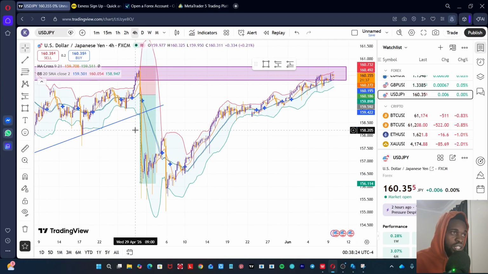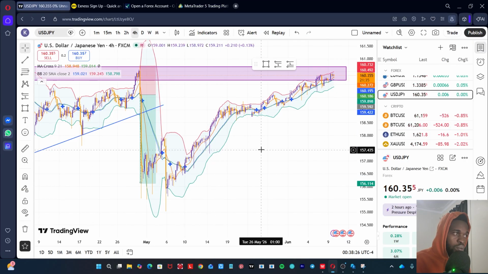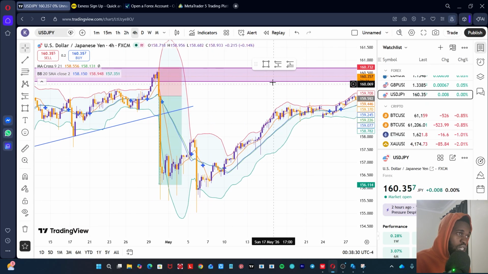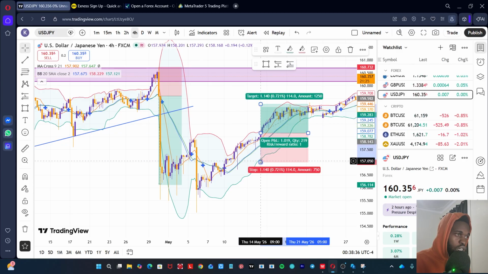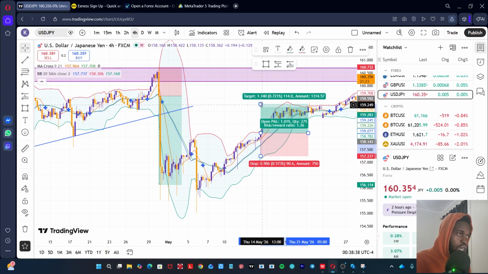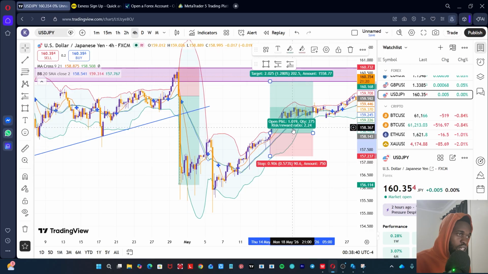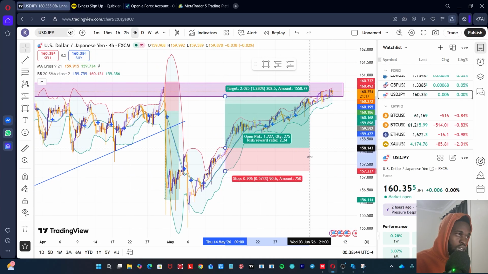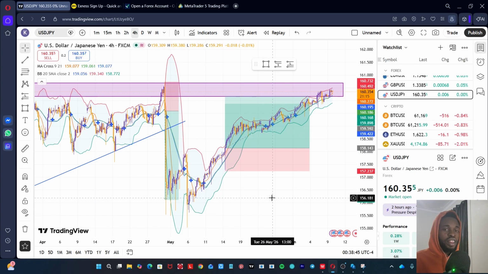So if your analysis is telling you that the price will be going up, let's say we got this rejection up, we'll try to enter. In order to put this into play, you have to make sure that you create a broker account.